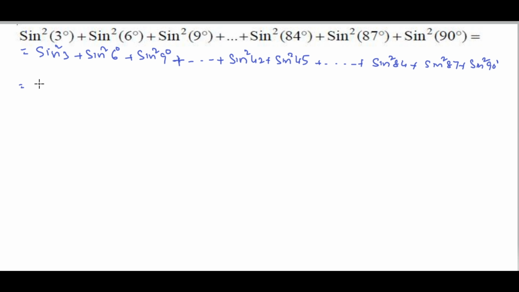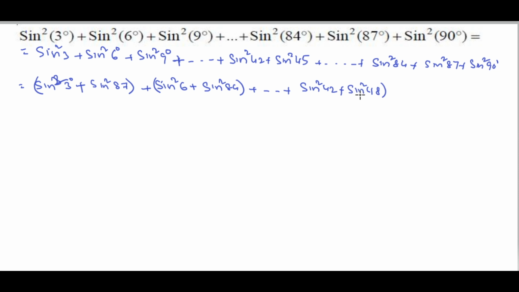Now that is equal to sin square 3 degree plus the last but one value, that is sin square 87, plus the next value sin square 6, plus sin square 84, plus up to sin square 42 plus sin square 48 plus sin square 45 plus sin square 90.